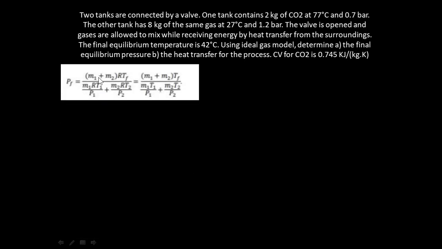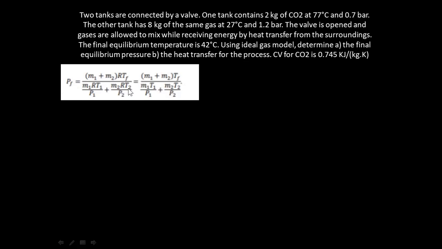Thus, the final pressure PF becomes PF equal to (m1 plus m2) times R times TF, all over m1 R T1 over P1, which is the expanded form of V1, plus m2 times R times T2 over P2, the expanded form of V2.